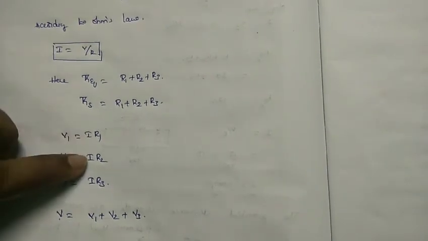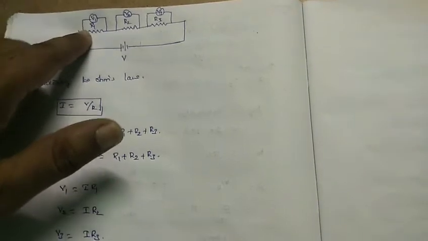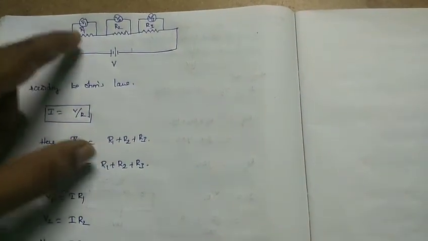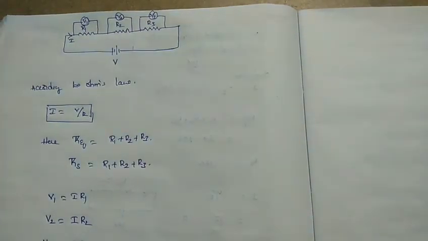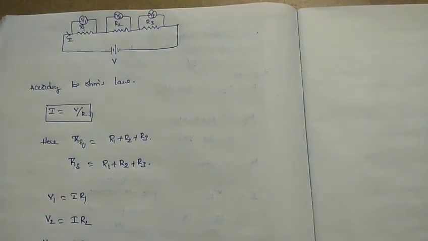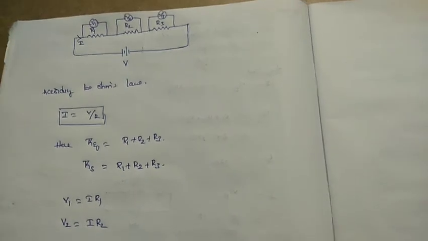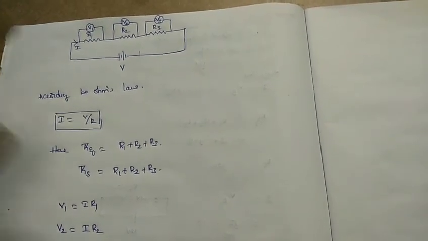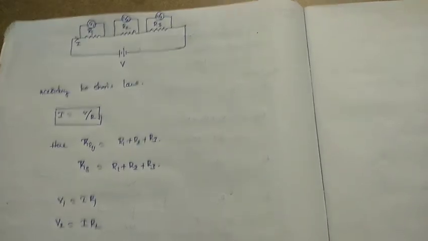These I's are common. The common current flows through the series combination of resistances R1, R2, R3. There is no difference of currents, only a difference between voltages in a series combination of resistances. Clear? So be careful.